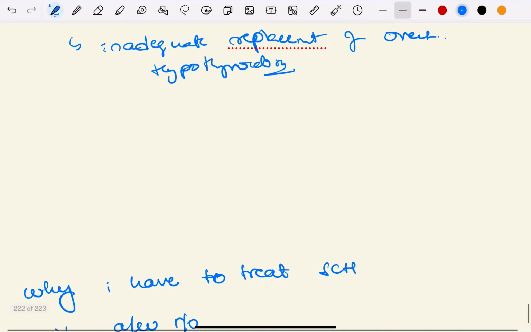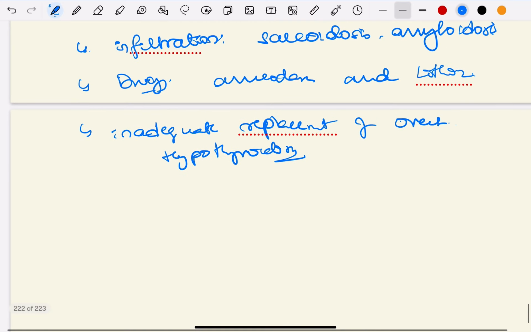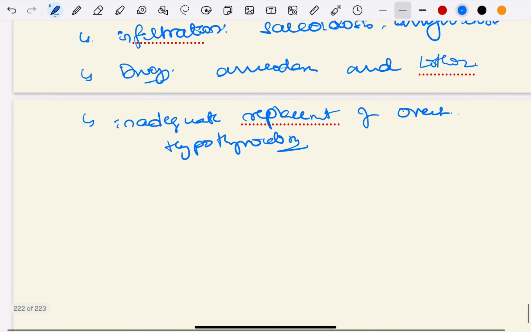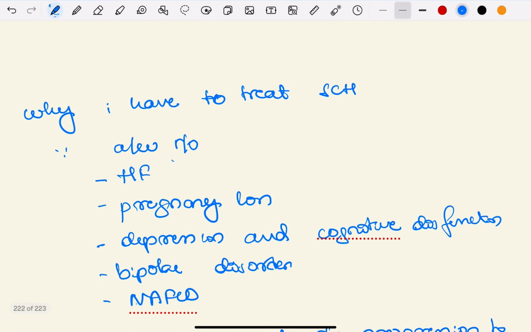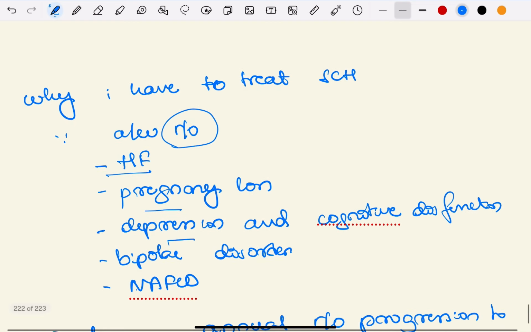So why do I have to be concerned about subclinical hypothyroidism, or why do I have to treat it? Because it is associated with a high risk of heart failure, pregnancy loss, depression, bipolar disorders, cognitive impairment, cognitive dysfunction, and non-alcoholic fatty liver disease.